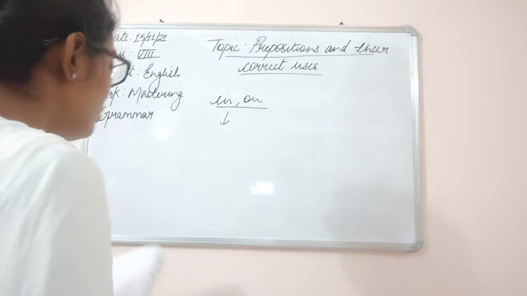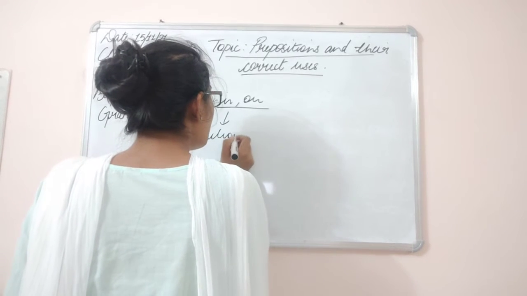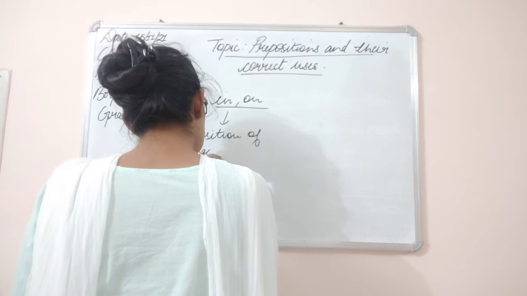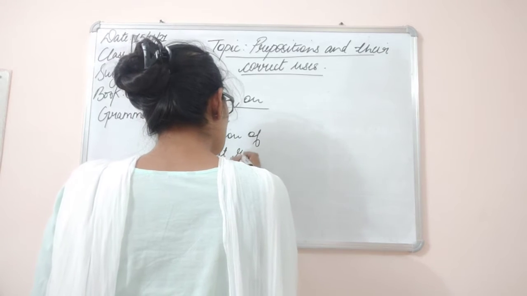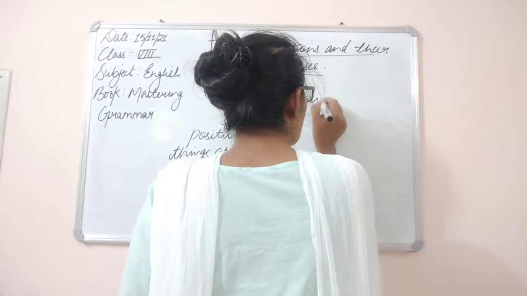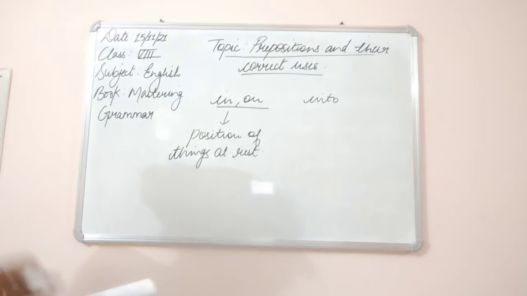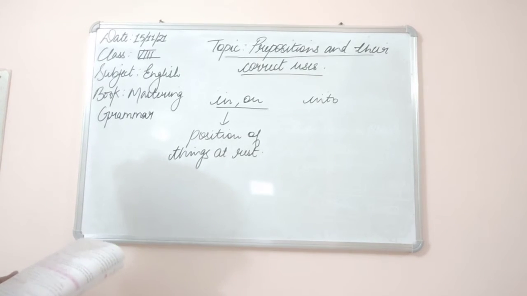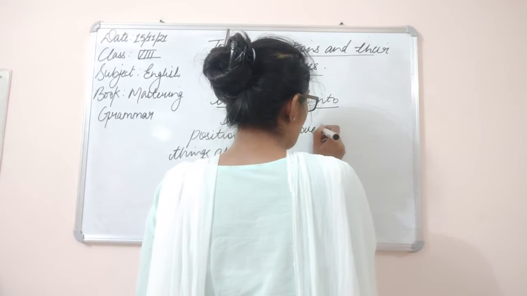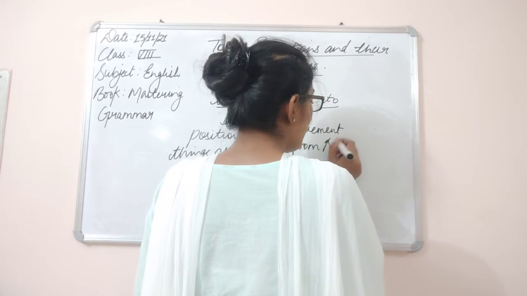In and on are used to show the position of things at rest. Into is used to show what? Movement from a higher to a lower level.